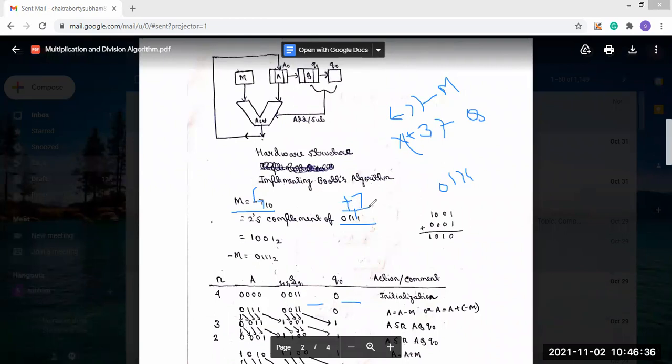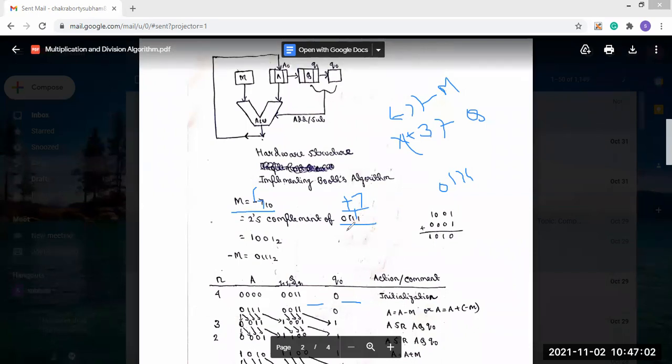If we convert plus 7 using 4 bits, it will be 0 1 1 1. But the number is negative, so we have to perform the 2's complement of that number, 0 1 1 1.